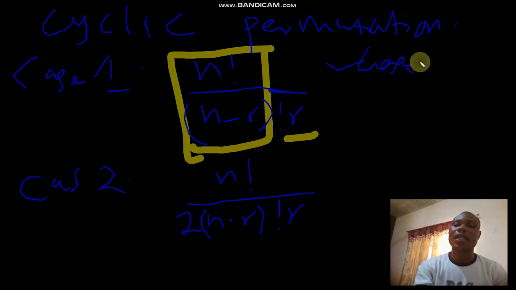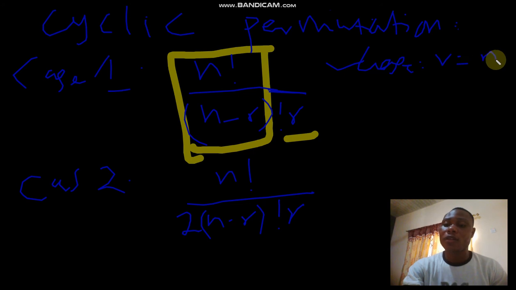Let's look at case 3. I want us to look at the cases, then I'll look at more examples. Case 3: what if they are in a circle form, but the number of r is equal to n? For example, if I choose 5 objects from 5 letters in a circle form, or if 5 people are supposed to sit around a round dining table and there are only 5 seats available.